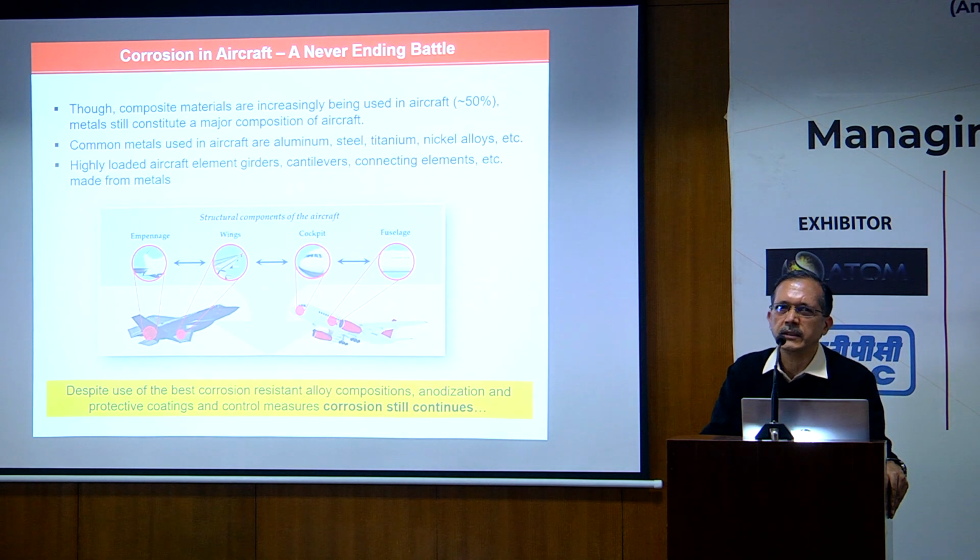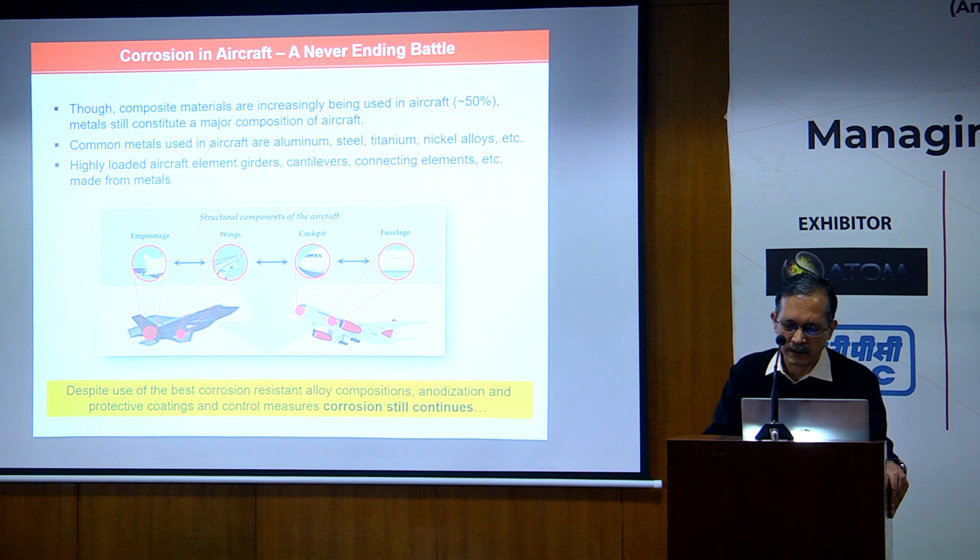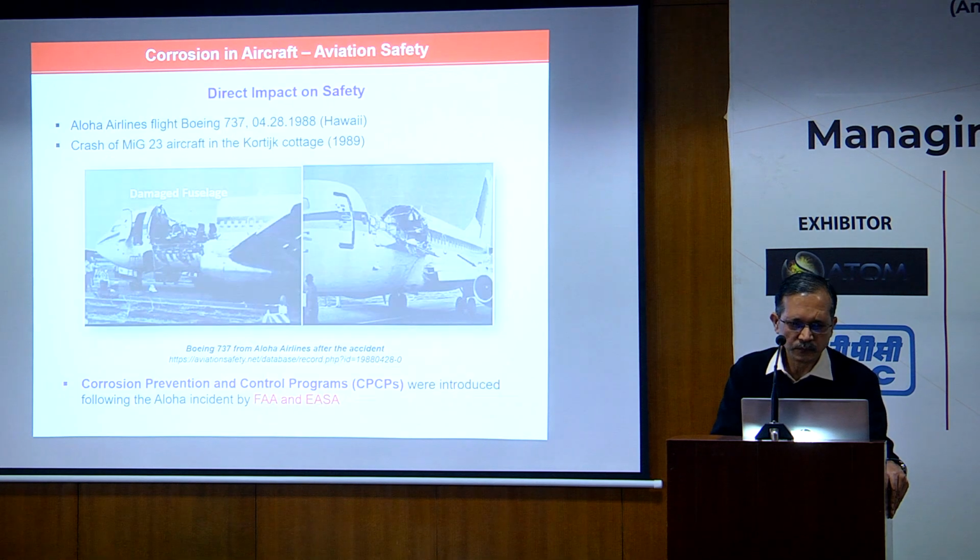So to protect the metals, a large number of surface modification technologies have been discussed in detail in this workshop, as well as the paint-related coatings applied on these metallic substrates, but still corrosion remains a very serious issue which needs attention.